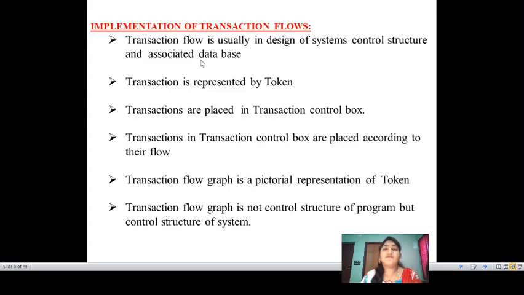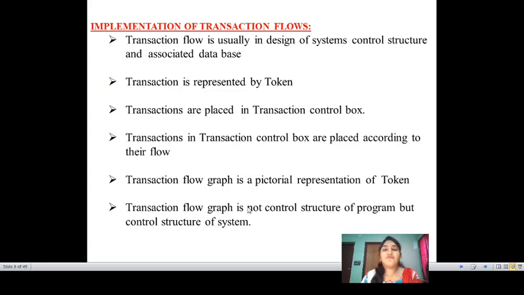Every transaction flow has a design structure and a database that should be maintained. Every transaction is represented by a token, and transactions are placed in the TCB, the transaction control block. This transaction control block consists of all the transactions which need to be executed or processed, and the transactions in the transaction control block are placed according to their flow.